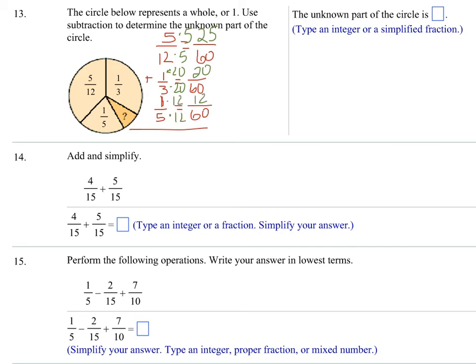Now that I have a common denominator, I can add my fractions. 25 out of 60 plus 20 out of 60 plus 12 out of 60. Remember, I only want to add the numerators, and then I'll put it all over 60. 25 plus 20 plus 12 is 57. So the part of the circle that we know is 57 parts out of 60 parts.